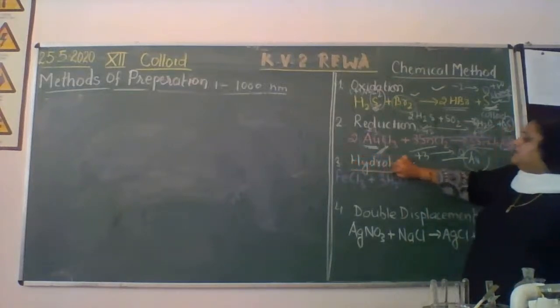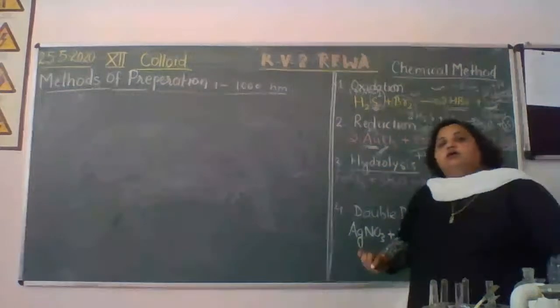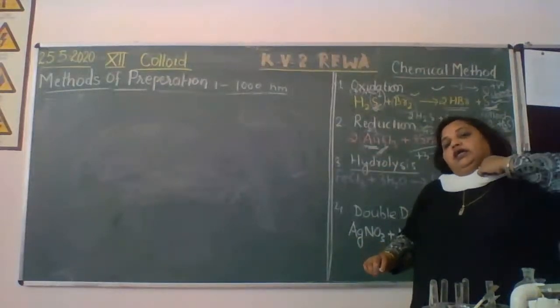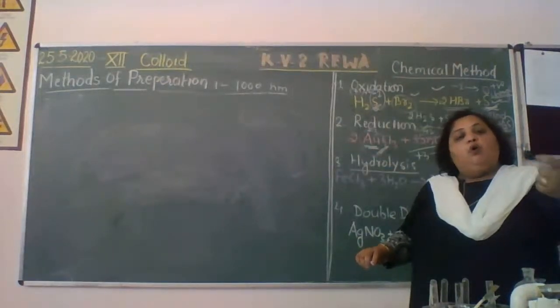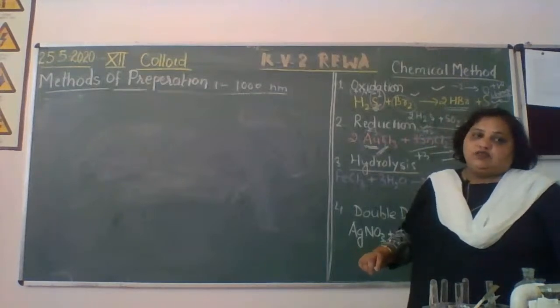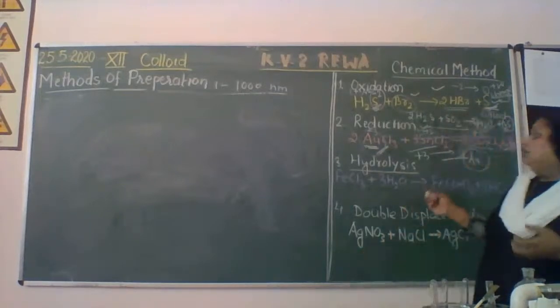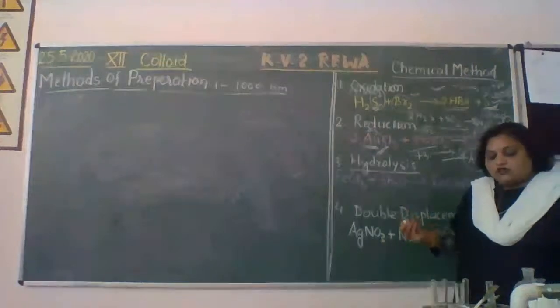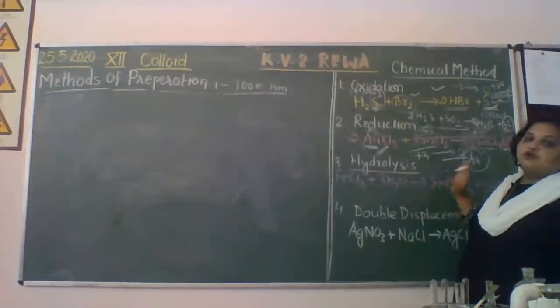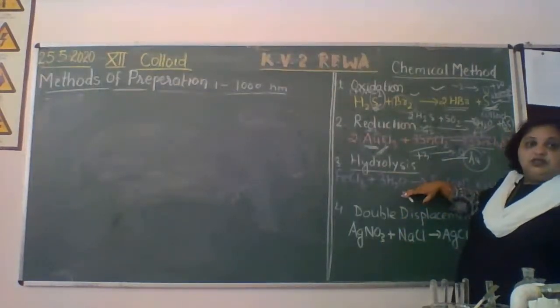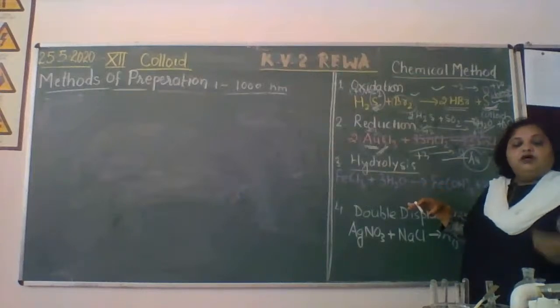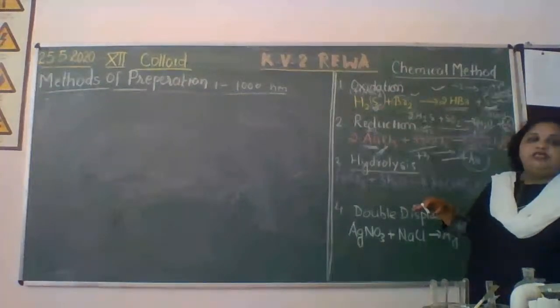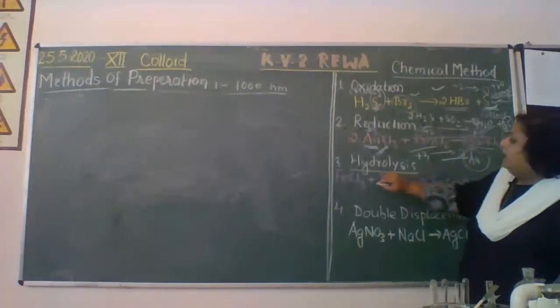Hydrolysis means simply treating with water. Whenever you treat any reactant with water, this is called hydrolysis, right? You dissolve any of the salt in the water. I used this reaction for the preparation of the precipitate when I was showing you the peptization method, right?